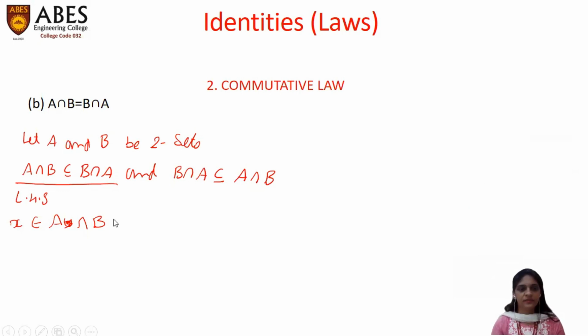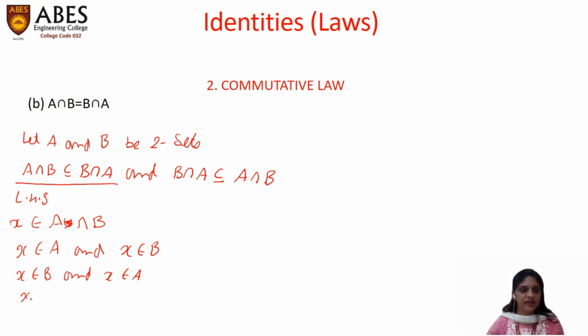For this thing, we can write it as X belongs to A intersection B. It means we can write this thing as X belongs to A and X belongs to B. So we can write this thing as X belongs to B and X belongs to A. These two things are same.